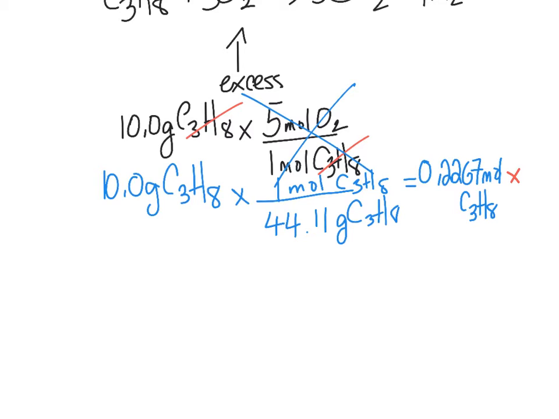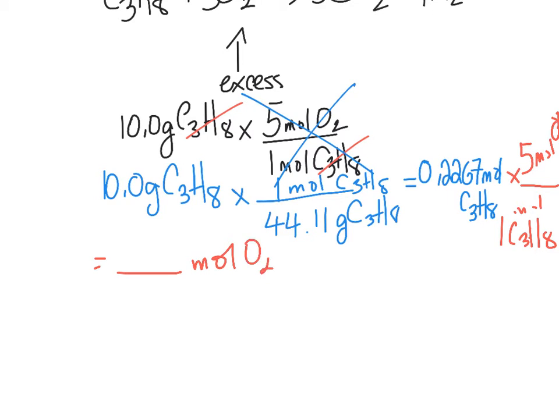So it's going to be moles of C3H8 and then moles of O2, and it's a 5-to-1 ratio. So you need 5 times as many moles. So that gives you some number of moles of O2.